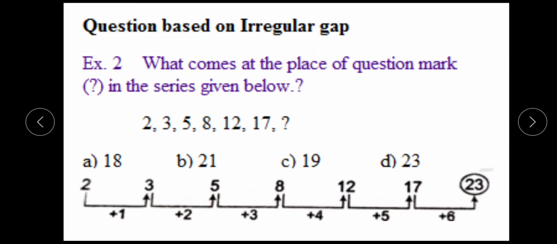If we add 2 to 3, we get 5. If we add 3 to 5, we get 8. Firstly we add 1, then 2, then 3, then 4, then 5. Next time we will add 6. If we add 6 to 17, we will get 23.